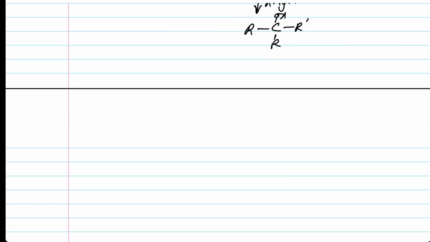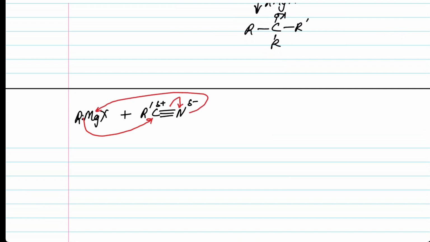We have RMgX and we react it with R dash C triple bond N. In this case, nitrogen is going to have a delta negative charge while carbon is going to have the delta positive charge. So the alkyl group of the Grignard reagent will attack on the carbon. The bond would cleave. Nitrogen electron cloud is going to attack on magnesium.